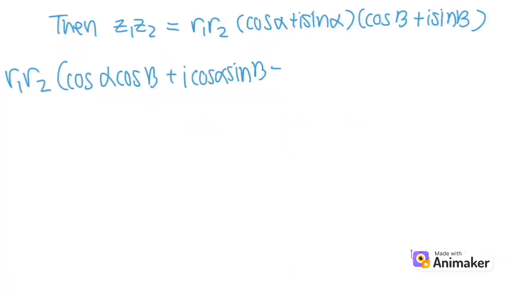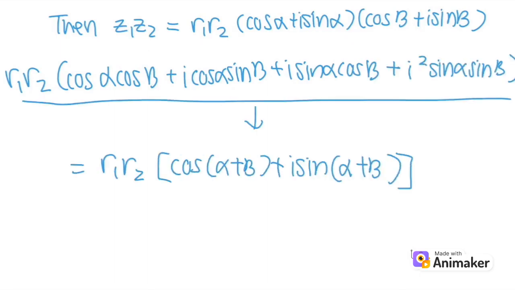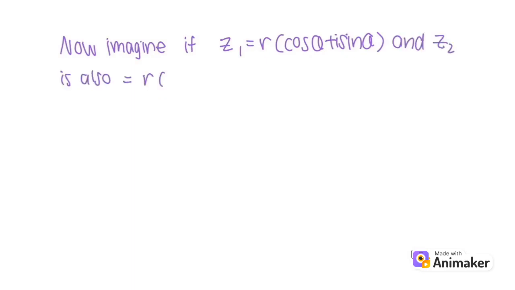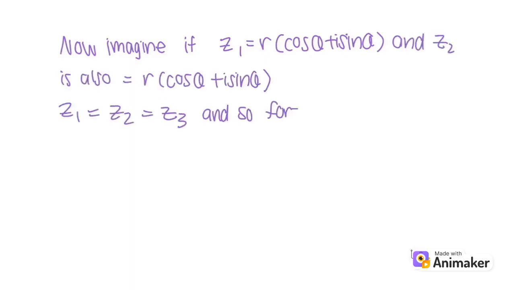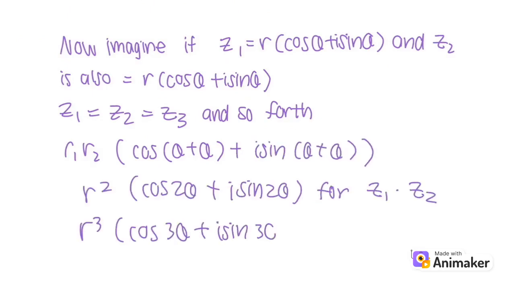With this, we can expand the contents in the brackets and obtain a simplified answer, using the trig identities known as the double angle formulas of sine and cosine. Now imagine if both of these complex numbers were equal. If you use the same logic, you would find a pattern, which essentially is de Moivre's theorem.